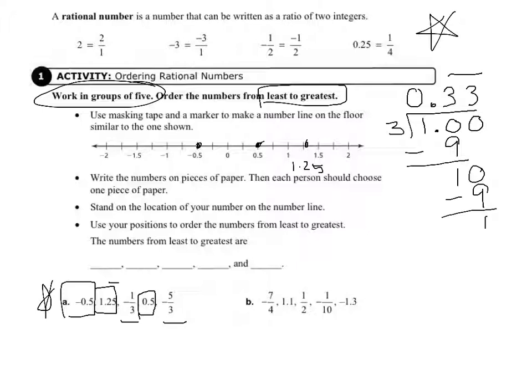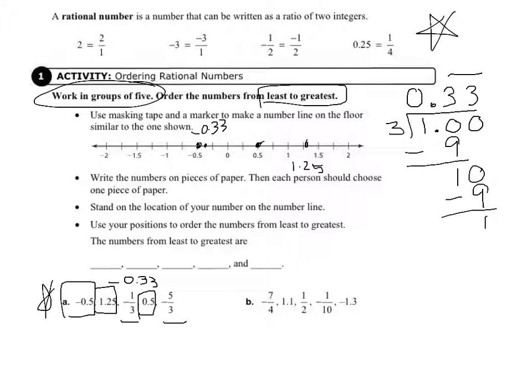So another name for negative 1/3 is negative 0.33. So on our number line, this would be between negative 0.25 and negative 0.50. So it would be around in here, negative 0.33.